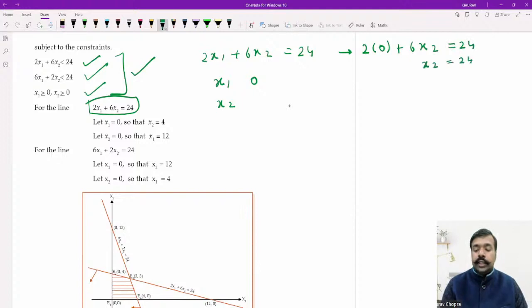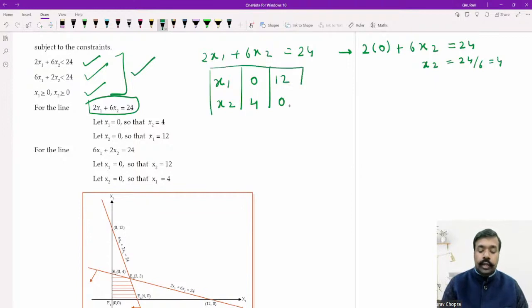From here we can say that it will become 4. Also, if x2 is 0, then x1 will become 12. So we can find these values and then plot on the graph.